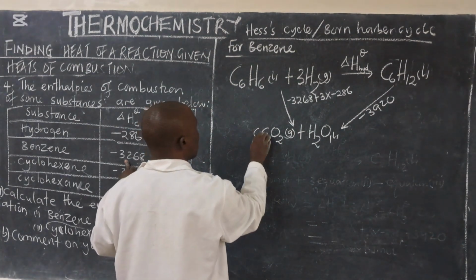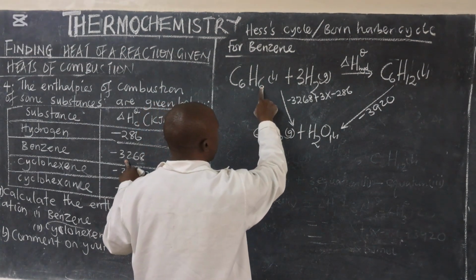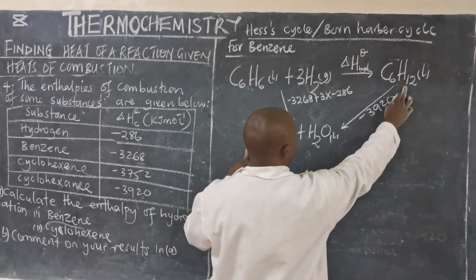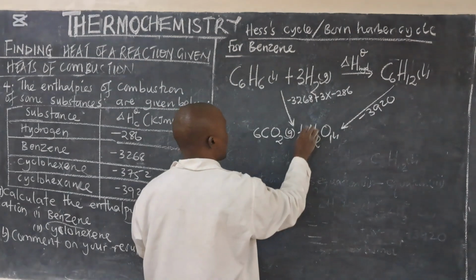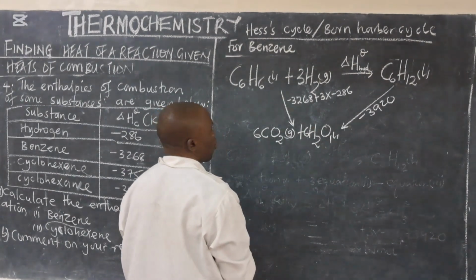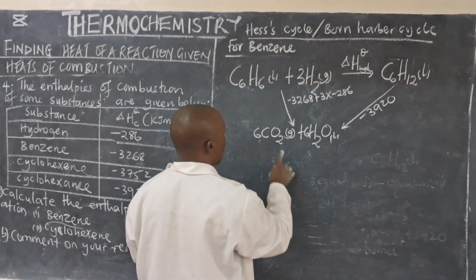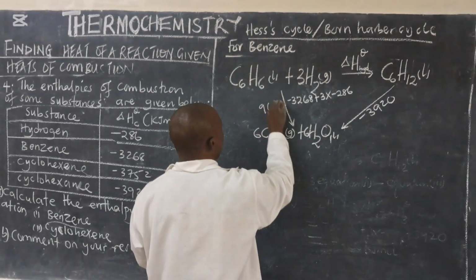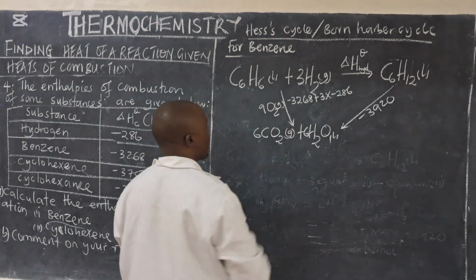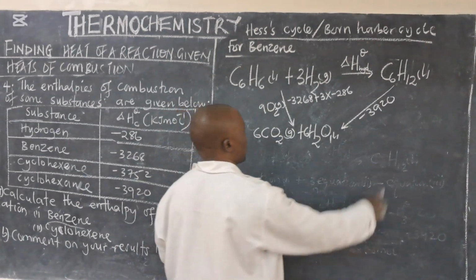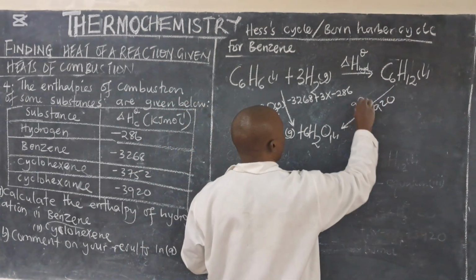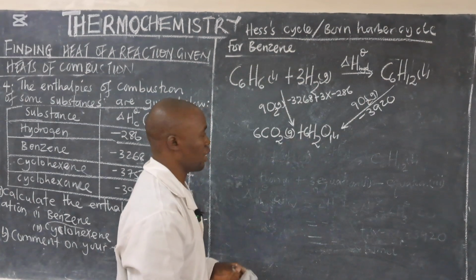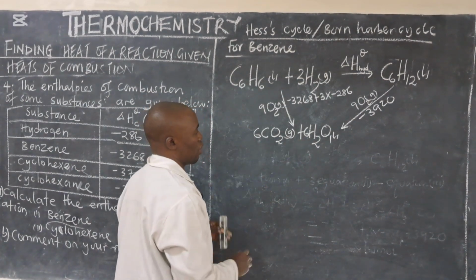So carbons are 6, hydrogens we have 6 plus 6, that's 12. We can even see it from here, it's the same number 12, so this will be 6 here. Now oxygen atoms used, I have 12 plus 6, that means you have used about 18. Even here it will be the same, so this will be 18 oxygen atoms. So this is 12 plus 6, that's 18. So that is what we want.